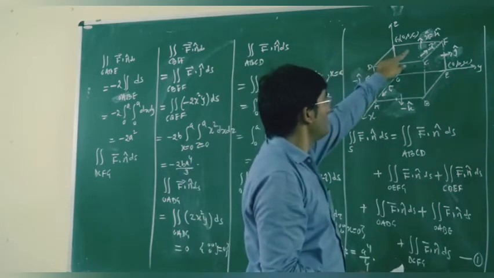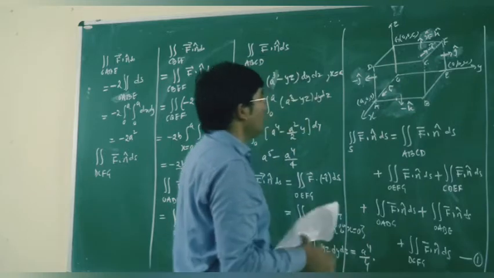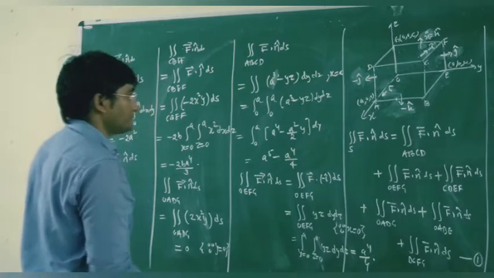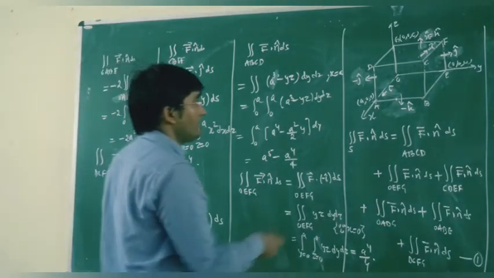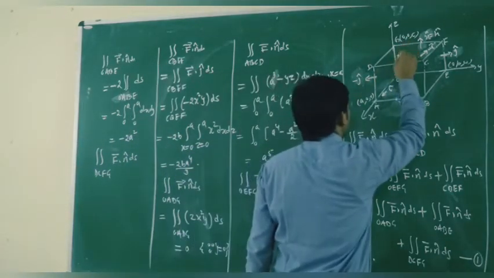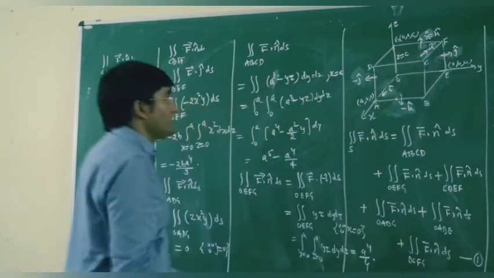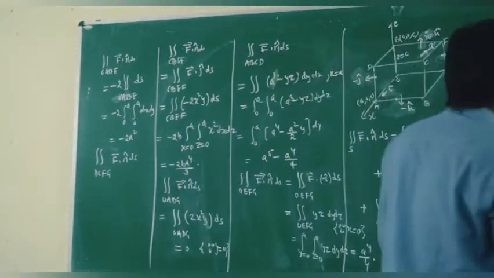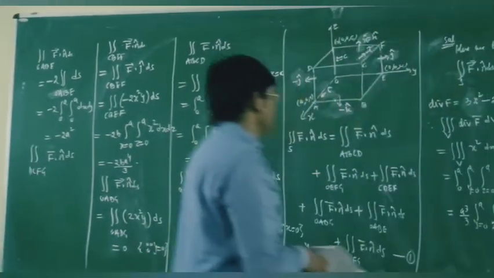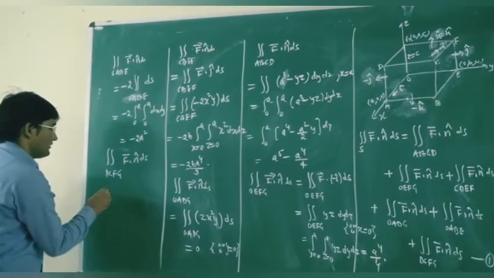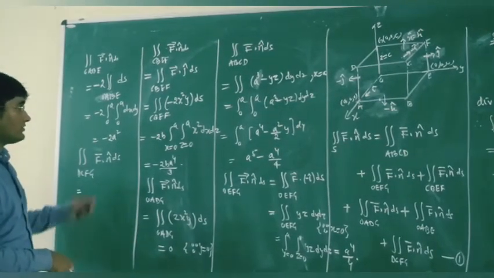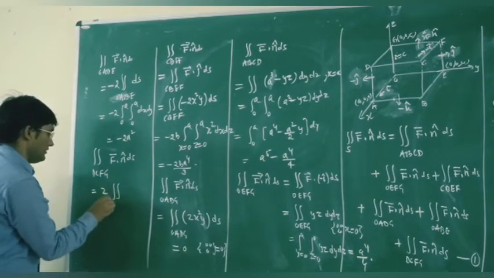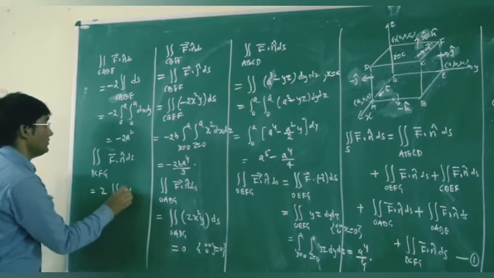For this double integral we have n equal to k, and z equal to c, so f dot n will be plus 2, then integrate over ds.